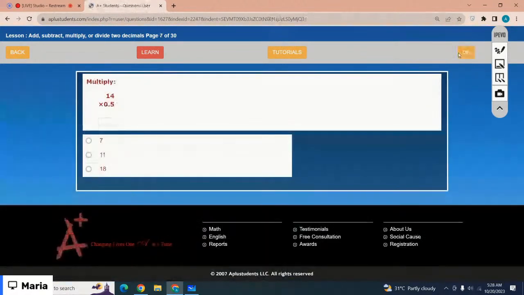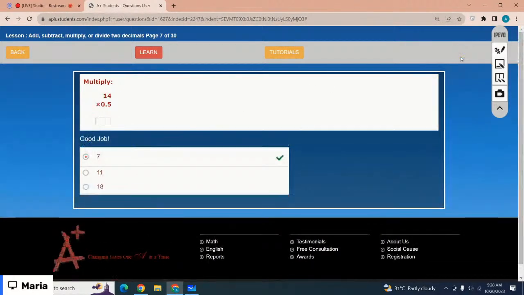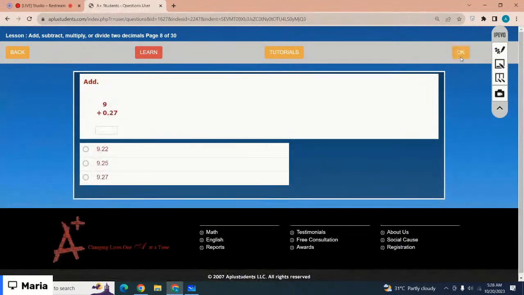Okay, 14 times 0.5. So which is the correct option? That would be 7. The correct option is 7. Okay, 9 plus 0.27. So which is the correct option?